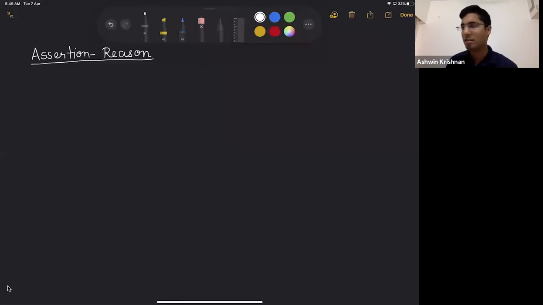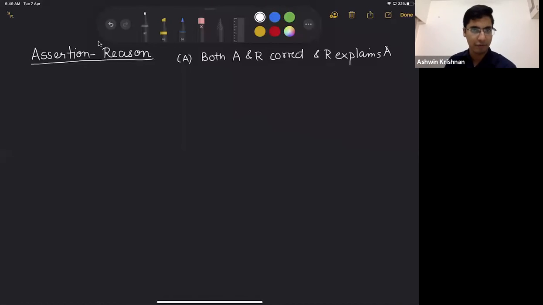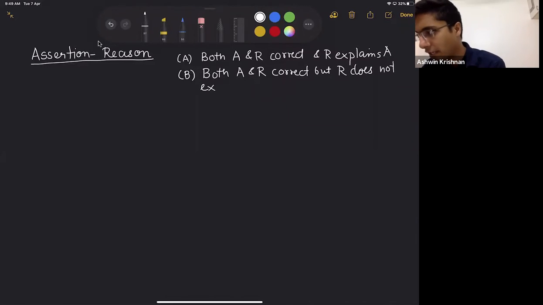Okay. Now for assertion reason questions, I'm going to give you the standard options. Option A: both A and R are correct, and R explains A. Option B: both A and R are correct, but R does not explain A. Reason is not the explanation for the assertion.